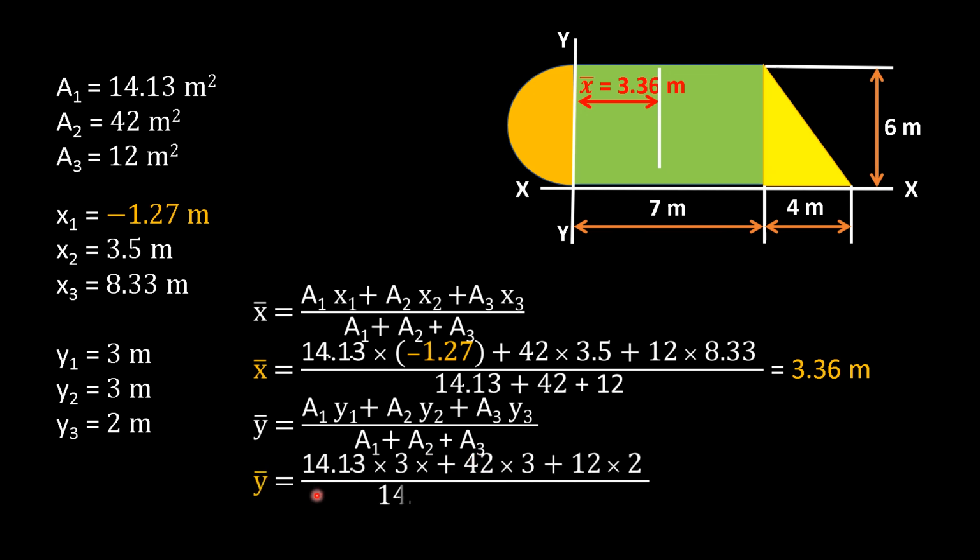Substituting the values and evaluating, we get y bar equals 2.82 meter, which we show like this. Now x bar and y bar distances intersect each other at a point G, which is the centroid of this composite section, and G is represented as 3.36, 2.82.